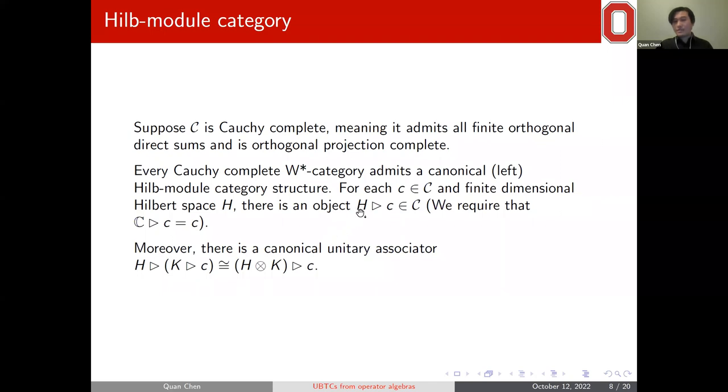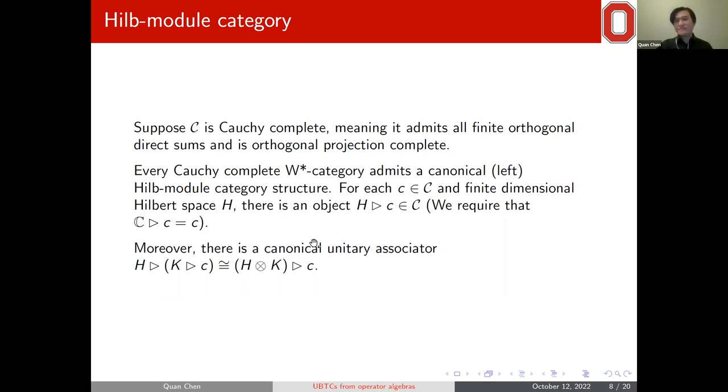Also, if H is n-dimensional, then the Hilbert space is isomorphic to the direct sum of n copies of C. So we can regard the object H act on c as isomorphic to the direct sum of n copies of the small c. But we don't say these objects are equal, they're isomorphic, and the isomorphism is given by the isomorphism of Hilbert spaces between H and the direct sum of n copies of the complex numbers.